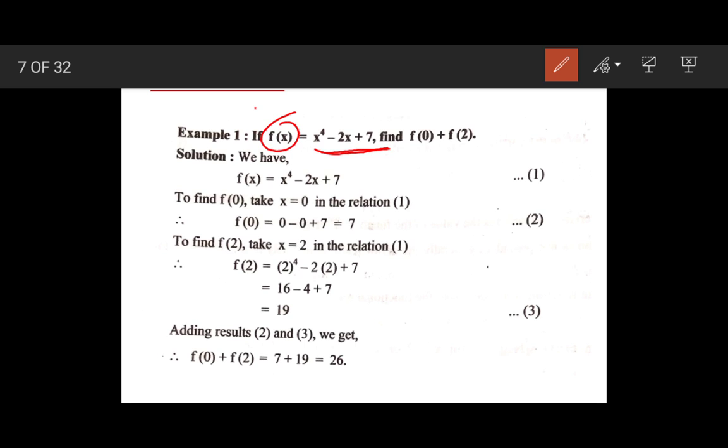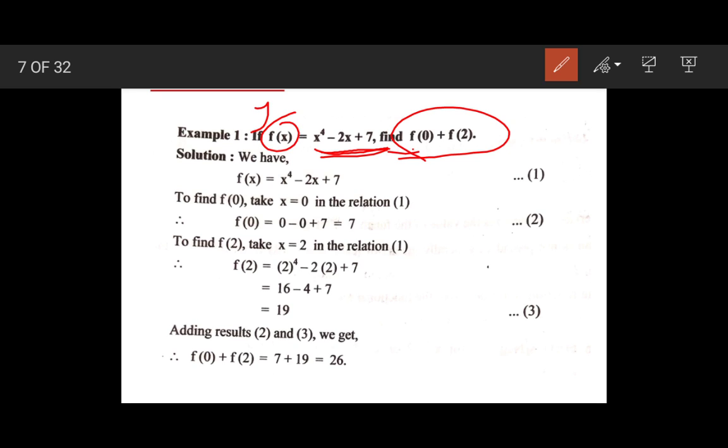Because this f of x, or y, depends on x. So we have to solve this function: if f of x is given as x square minus 2x plus 7, then we are interested in finding the value of f of 0 plus f of 2.